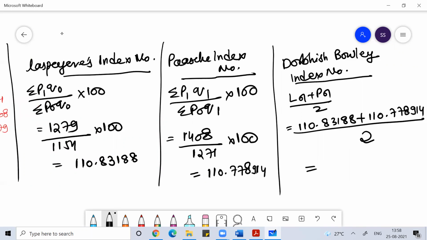This is Drobisch-Bowley, which is 110.8053, 110.80539 something. Any doubt, anyone? Any question?